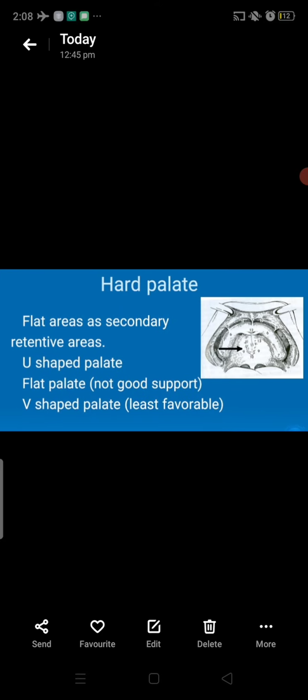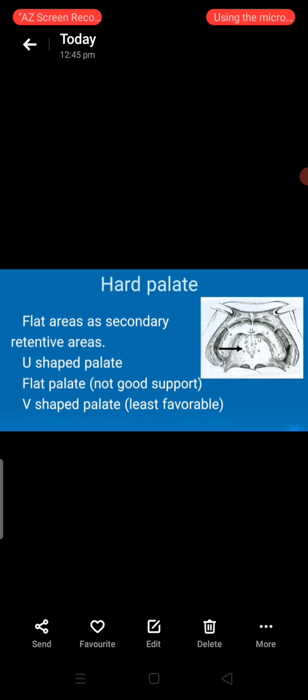Now come to the hard palate. The posterior lateral slope of the hard palate is the primary stress bearing area. The flat areas of the hard palate are secondary stress bearing areas, but the posterior lateral areas are the primary stress bearing areas.